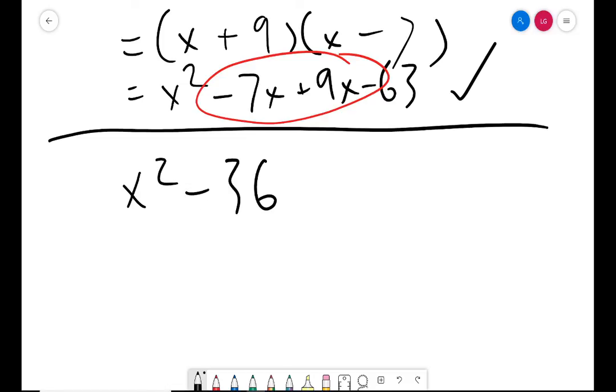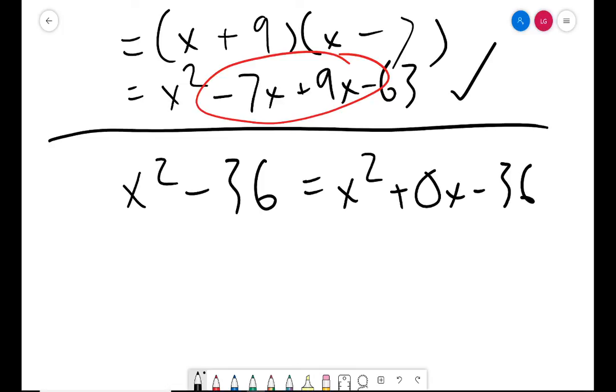Let's factor that. Now, note the difference. There is no x term in this one compared to the prior ones. But recall, 0x we don't write, so it's useful to remember that this is in fact equal to this.